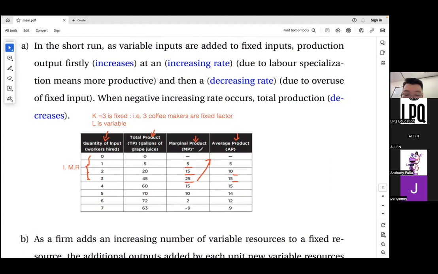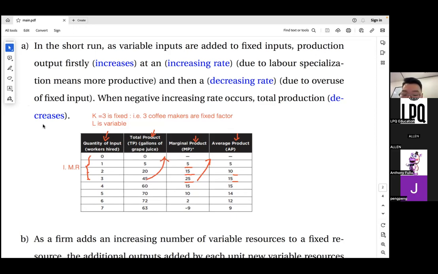When you hire more workers, marginal production increases. When you hire additional laborers, for example the second labor and the third labor, they can bring out more units. So the total production increases with an increasing rate. What do I mean by increasing with an increasing rate?